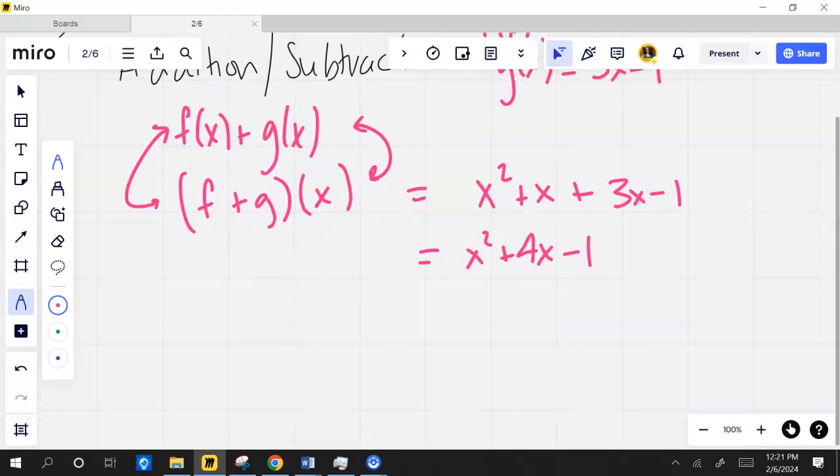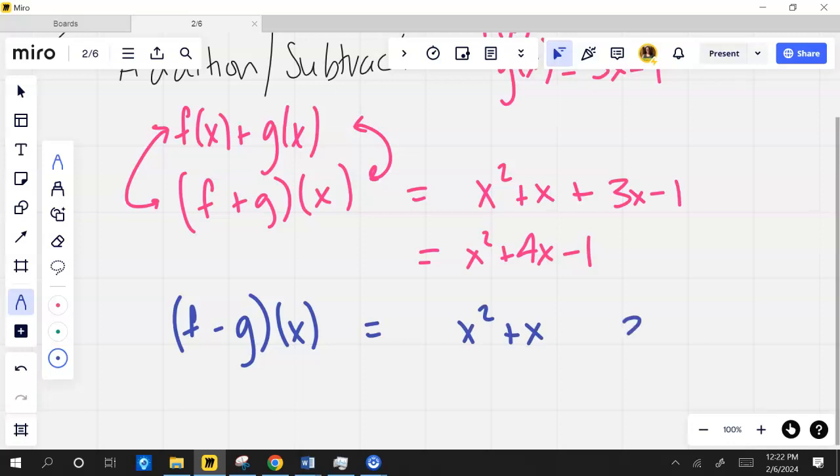All right, let's change it just quickly. If I asked you to subtract the two functions, we're going to do the domain. Be careful when you subtract. I just felt like this needed saying here. If I'm subtracting, this is f and this is g, but I'm subtracting everything, right?